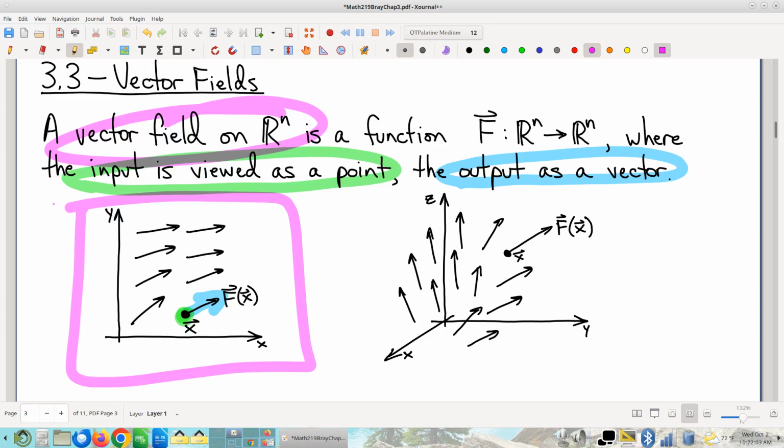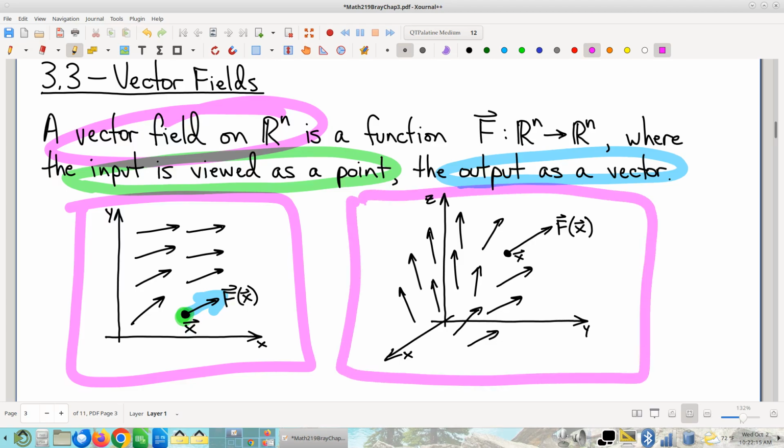There's two dimensions of points because it's in the xy plane. There's two dimensions for the vector field because it's got to be a vector in the xy plane, right? But there is such a thing as a vector field in R3 that would look like this. And you can see for every point we get a vector. Right? So that would be the same basic idea, just R3 instead of R2.